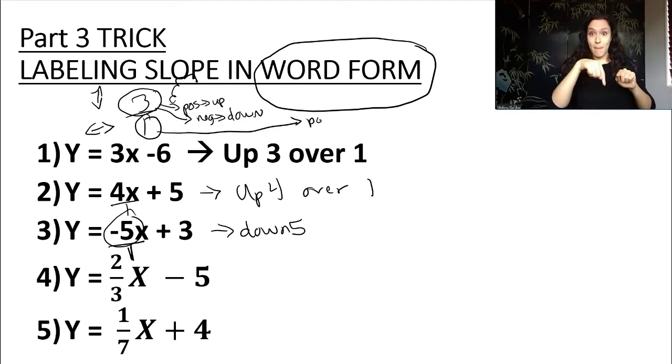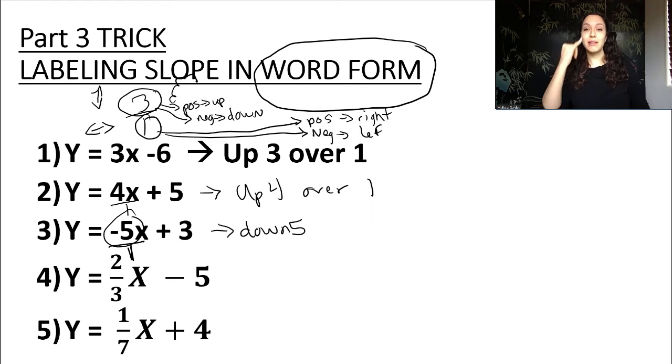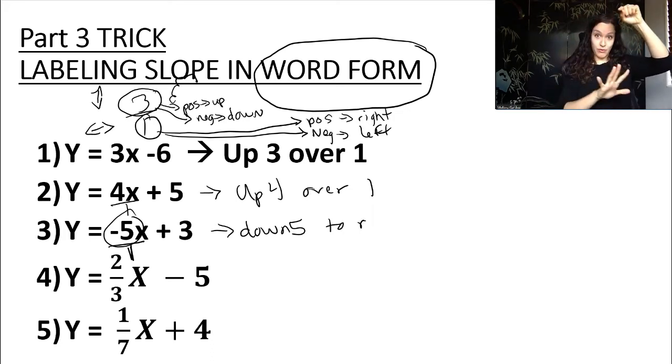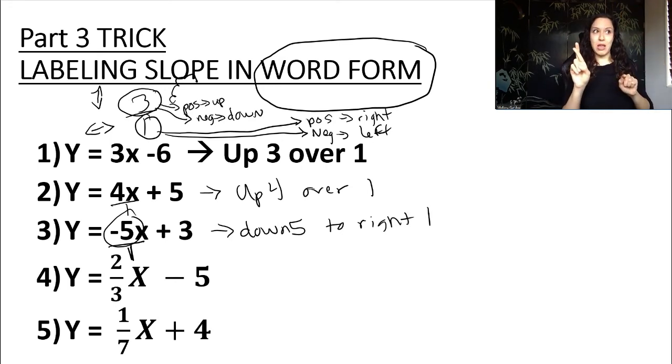If it is positive, we're going to go to the right. If this number is negative, we're going to go to the left. Whoa, how would it be negative? We'll see that soon. Okay, so let's look at 3. So it's down 5 to the right. So over to the right 1.